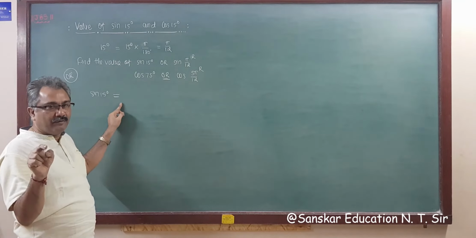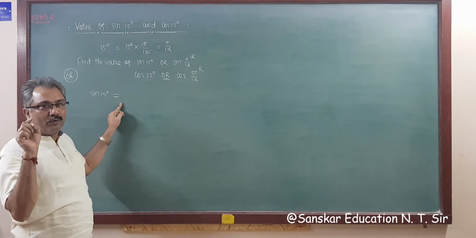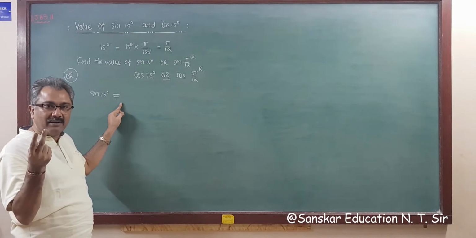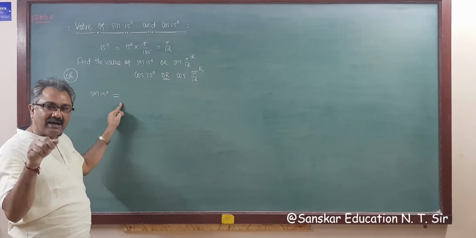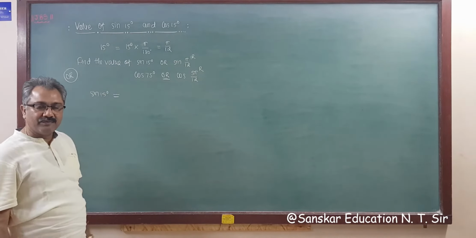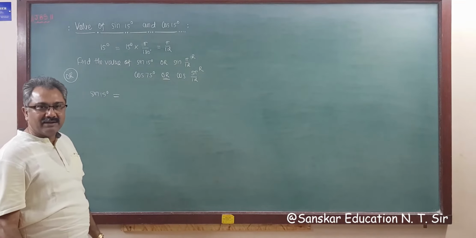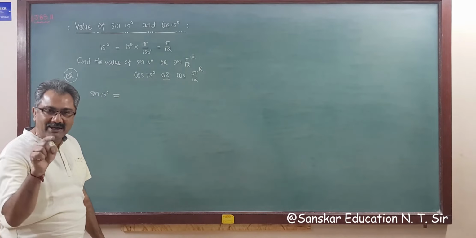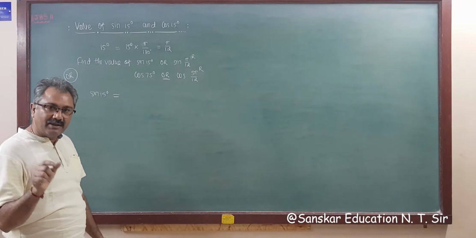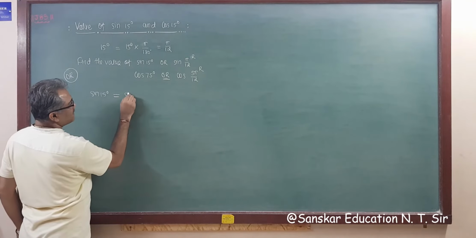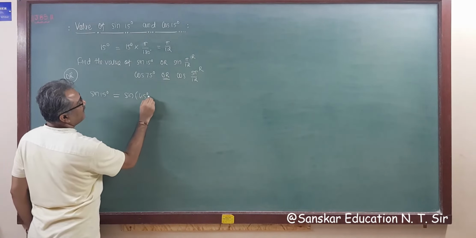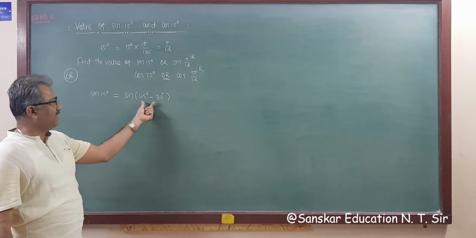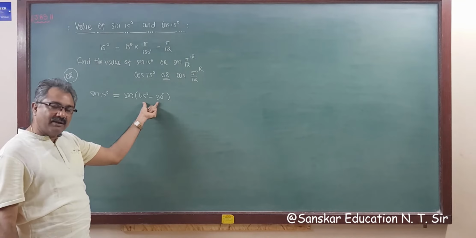You know the values for 30, 45, 60, 0 and 90 degrees. So 45 and 30 subtraction is 15 degree, so I am writing sine 45 degree minus 30 degree. Got it? 45 minus 30 is 15.